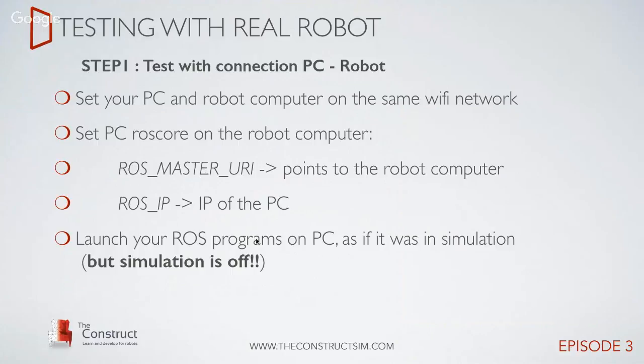Whatever you launch on your PC is going to affect the robot. So if your PC says, hey, move forward, then your robot will move forward. Okay, that's the magic of ROS. That's one of the biggest things that ROS has achieved.